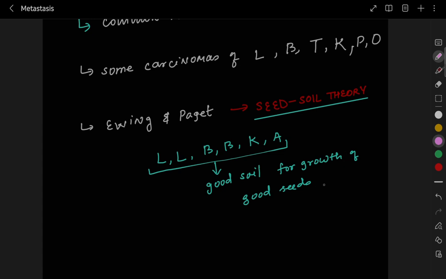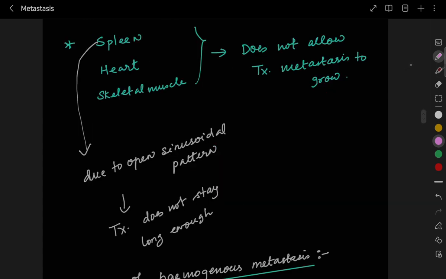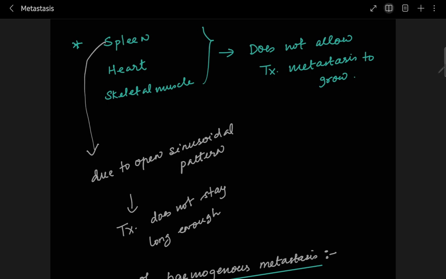Good seeds here means the tumor cells, and these are the organs where they will metastasize and can successfully grow as a secondary tumor. But some, like the spleen, heart and skeletal muscle, do not allow tumor metastasis to grow.